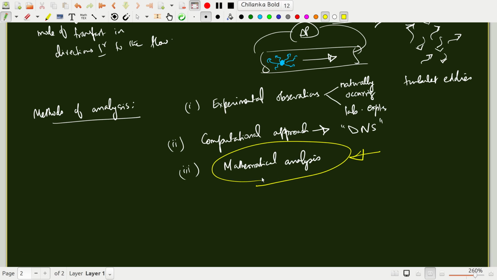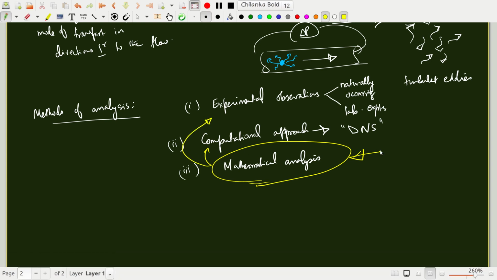strengths. But one of the main ideas that has emerged in the last 100 years or so of research in this field is that the mathematical analysis of instabilities can provide a very significant insight into how fluid flows become unstable, which will also help us in the computational understanding of such instabilities, and also in carrying out experiments under the right parameter regimes.